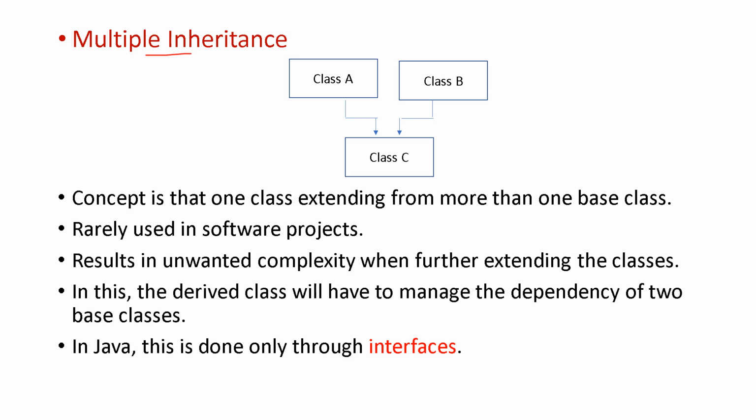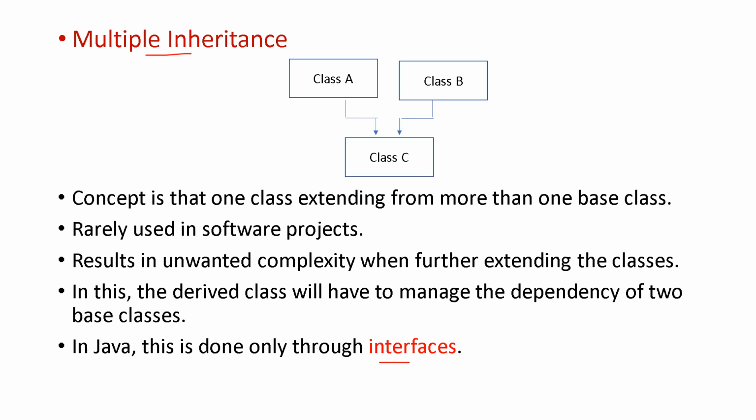Multiple inheritance, the third one. Multiple inheritance is actually not supported by Java in the normal way. Multiple inheritance is supported using the interface technique. We know what an interface is. We use the implements keyword instead of extends.